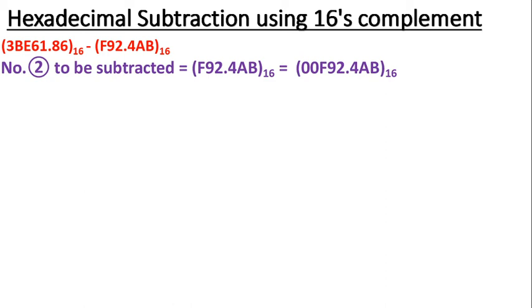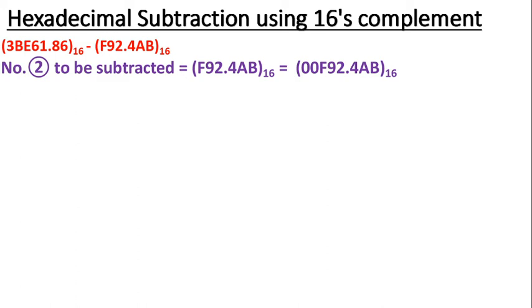If those zeros were not appended, and we try to carry out the 15's and 16's complement of the second number and the remaining procedure of the subtraction, then that leads to a wrong answer. That's why the second number which is to be subtracted is converted to 5 significant digits to the left side of the hexadecimal point, and 3 digits on the right side as it is.